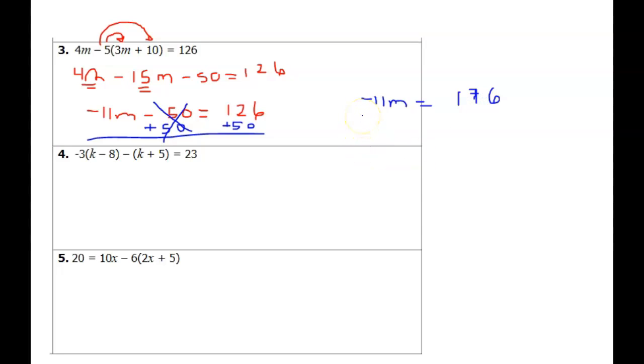I'm going to take 176 and divide by negative 11 on both sides to solve for m. And m equals, I know the value is going to be negative, but for my head, Miss Bennett doesn't know. So I'm going to put it in my calculator. 176 divided by negative 11. And I already got some people, it's going to be negative 16. Thank you, Tia. It's negative 16.